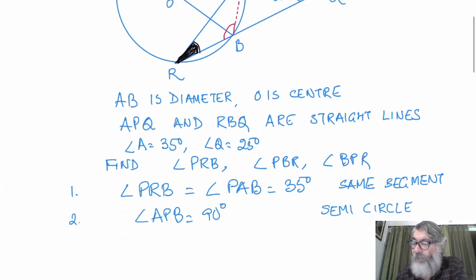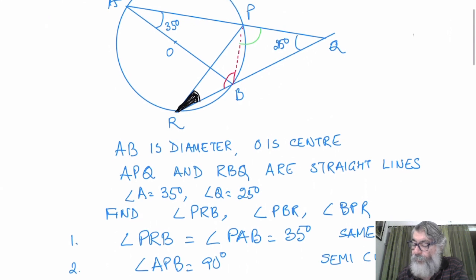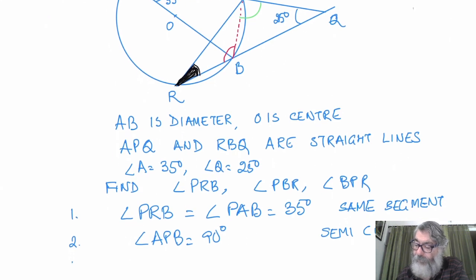And if this is 90, then angle BPQ will be 90 also, because he has given you that APQ is a straight line.